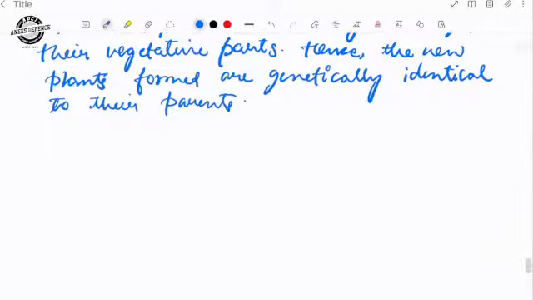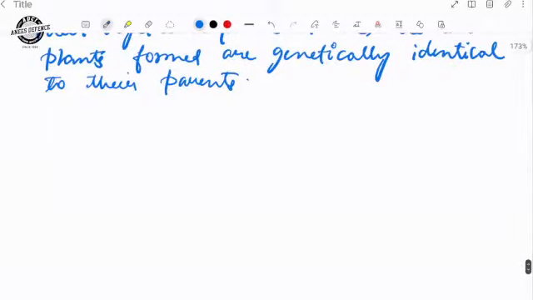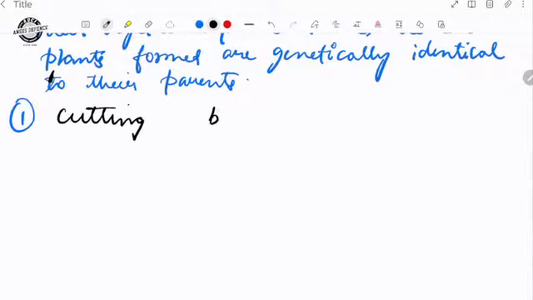So in this there are two methods we are including to understand the vegetative mode of reproduction. Of course, we are doing this artificially. The two methods we are looking at are cutting and second is grafting. What does it mean, cutting and grafting?